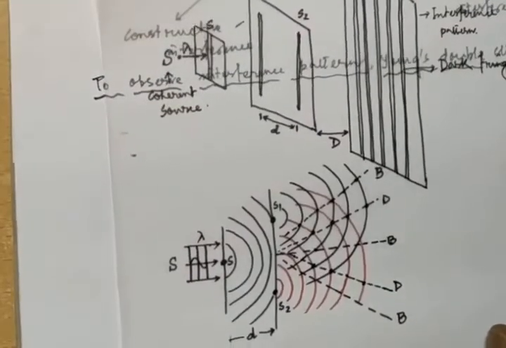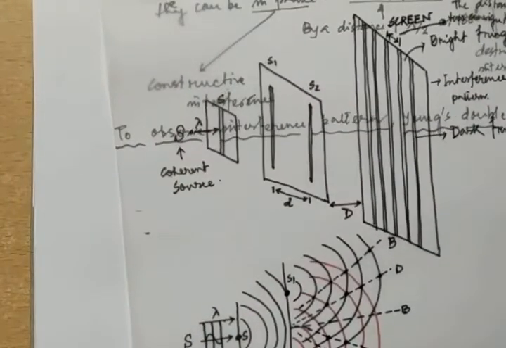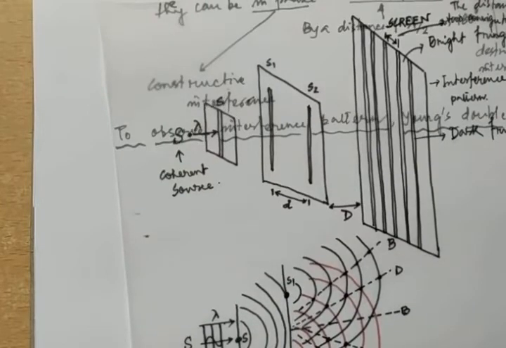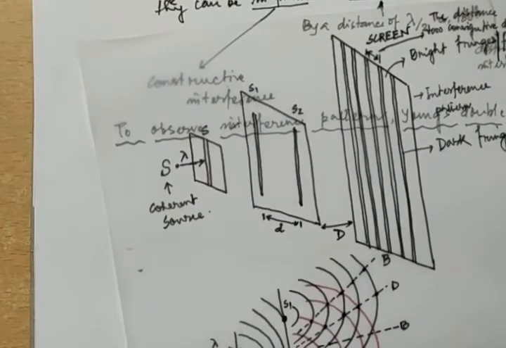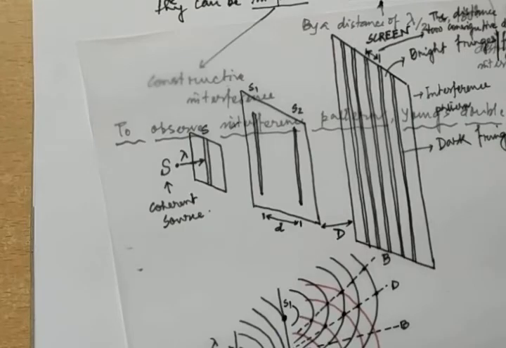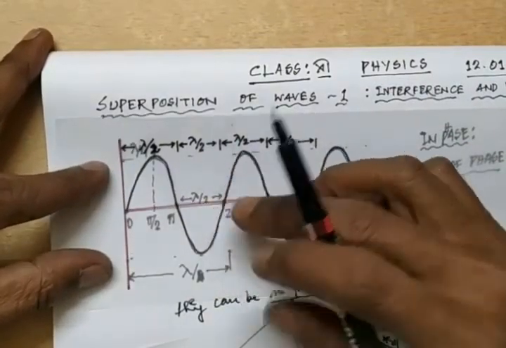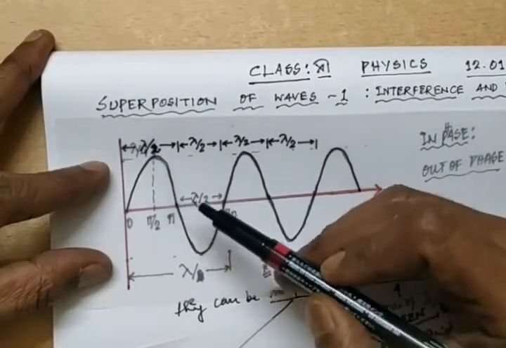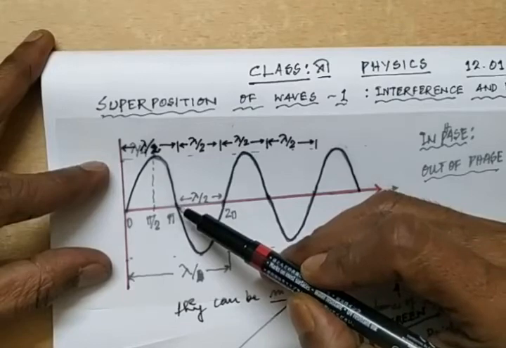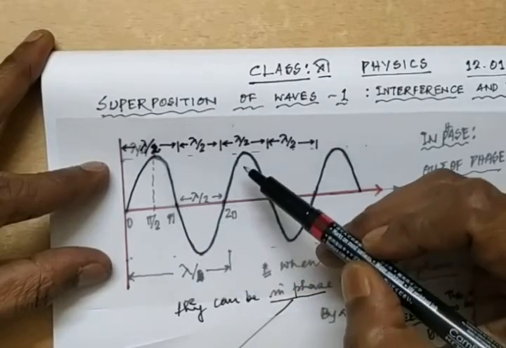Now one thing I must tell you. See here. When the two waves interfere with each other, there are some points where the energy of the wave is maximum, here the energy is zero, here the energy is maximum, here the energy is zero.